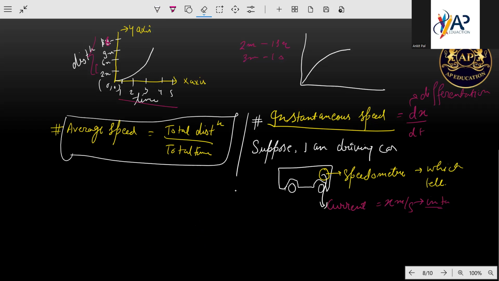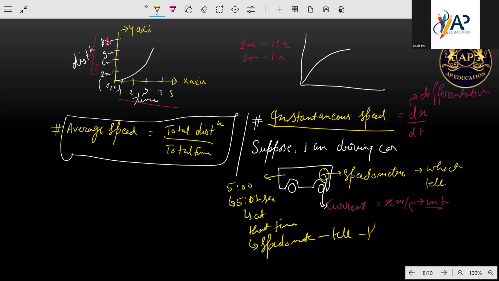Suppose the current time is 5 o'clock and I want to check my speed at 5:01. At that time the speedometer tells the instantaneous speed.